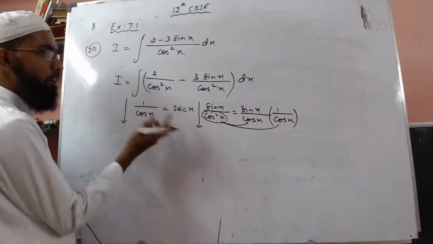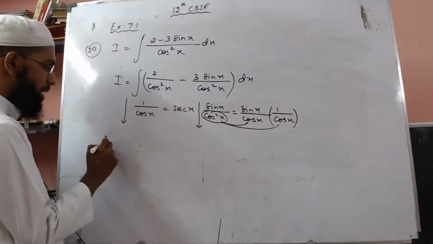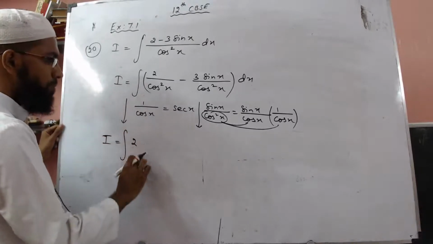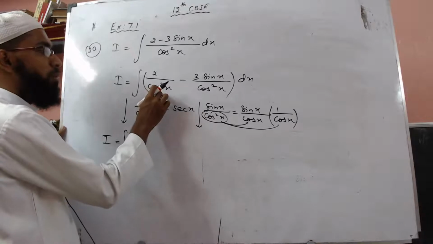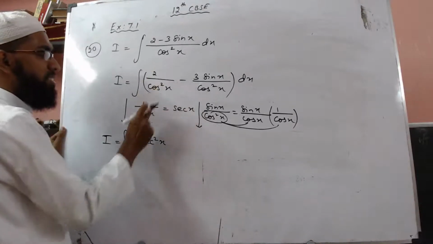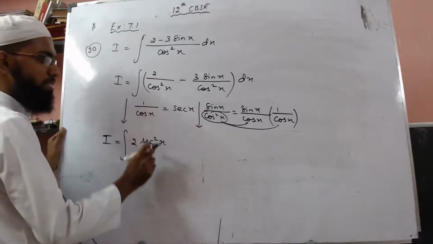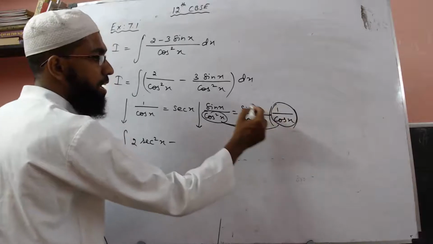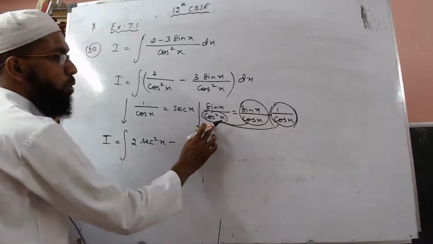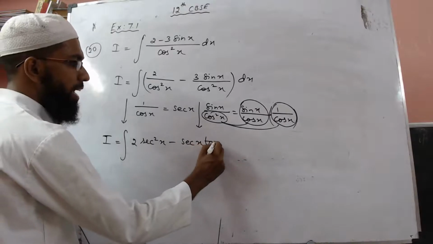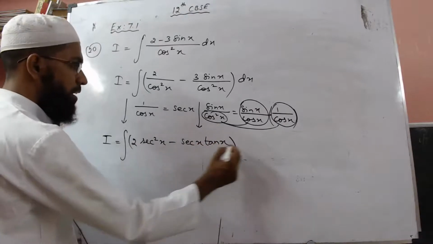Since 1 by cos is secant, I equals the integral of 2 into, 1 by cos square, which becomes secant square x, minus this term, where sine by cos is tan, and 1 by cos is secant. So this is secant x into tan x, dx.